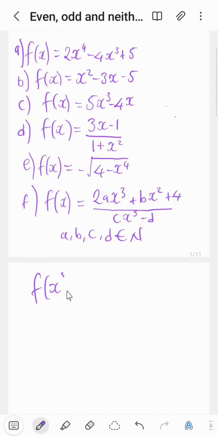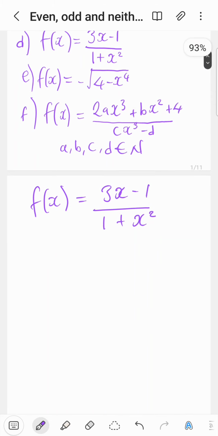f of x is equal to 3x minus 1 over 1 plus x squared. So you're now elite. You can just tell by looking at the function. Okay, so let's go for f of negative x. So you're solving, knowing deep down yourself the answer.